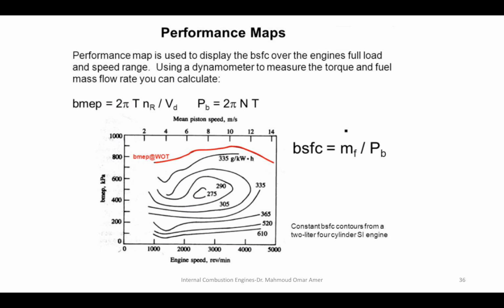You can see that as you move up along these lines, you open the throttle valve wider. As you open the throttle valve wider at the same engine speed, what happens to the power? It increases. What happens to the mean effective pressure?